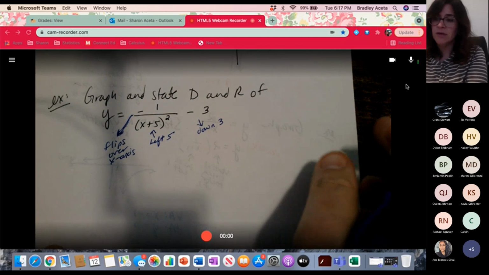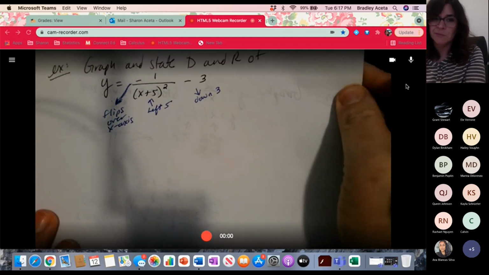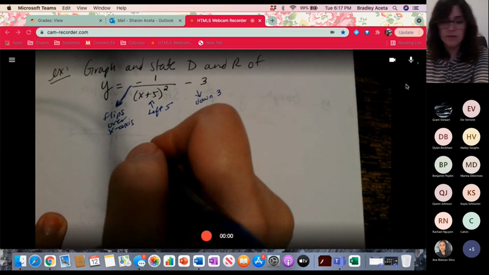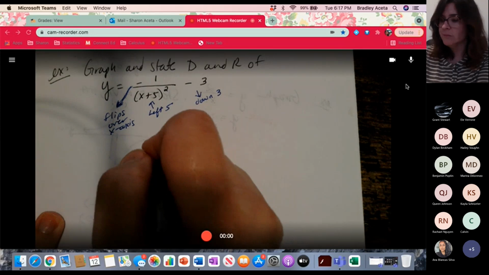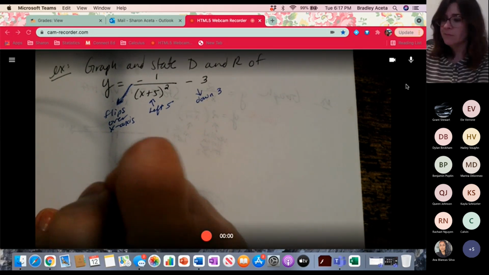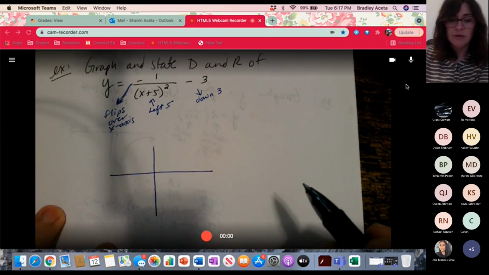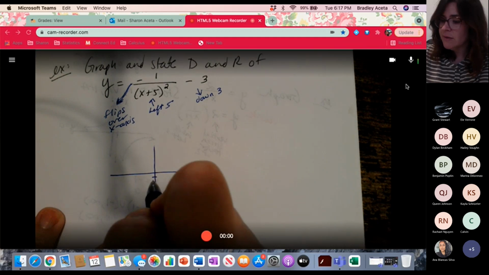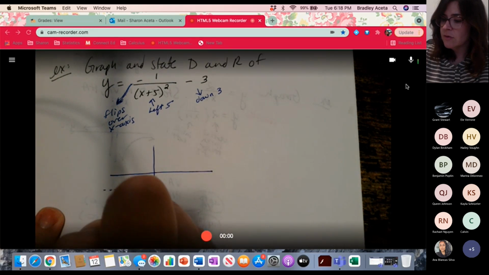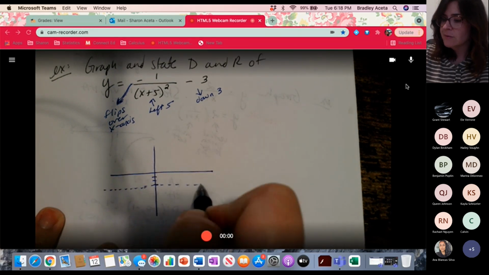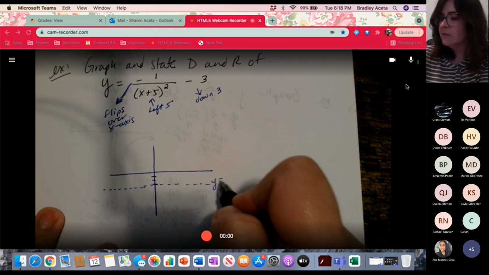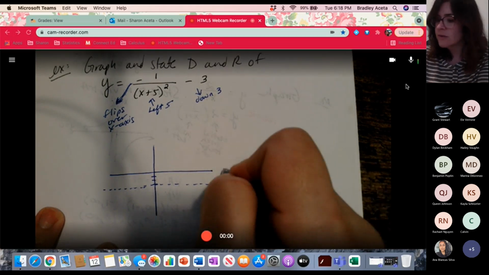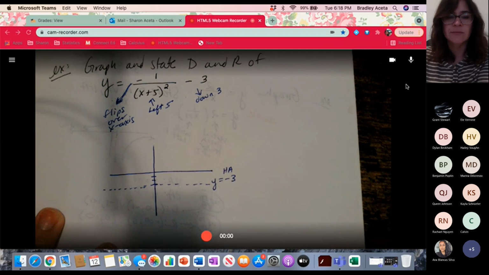So again, you could use your calculator, which I'll show you. I'll show you on the calculator what this looks like. But here's your graph. You are now down 3, 1, 2, 3. Make your horizontal line, y equals negative 3. That's your horizontal asymptote.